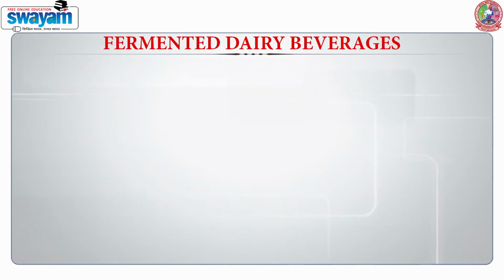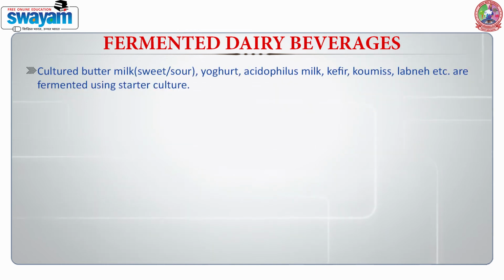There is another category of fermented beverages which are based on dairy. These fermented dairy beverages include cultured buttermilk, which may be sweet or sour. Examples are yogurt, acidophilus milk, kefir, kumis, labneh, etc. All these are fermented using efficient starter cultures.